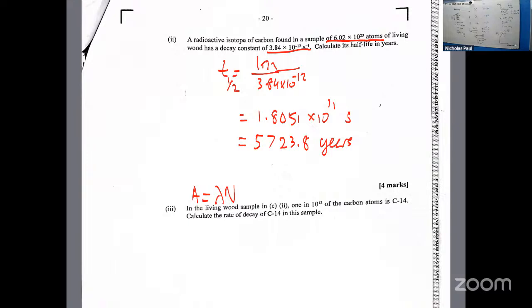So they gave you the original number of atoms of wood. All we have to do is find the original number of C14 atoms. They said 1 in 10 to the 12 of carbon atoms is C14.